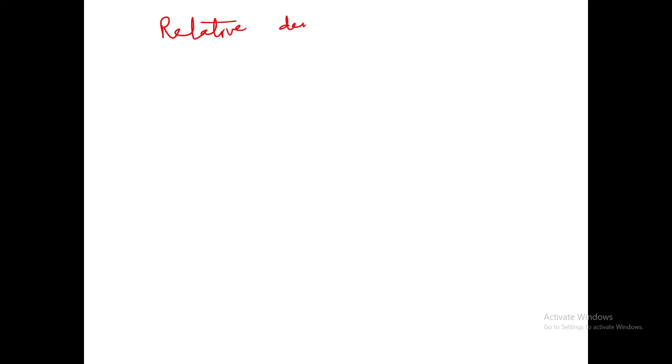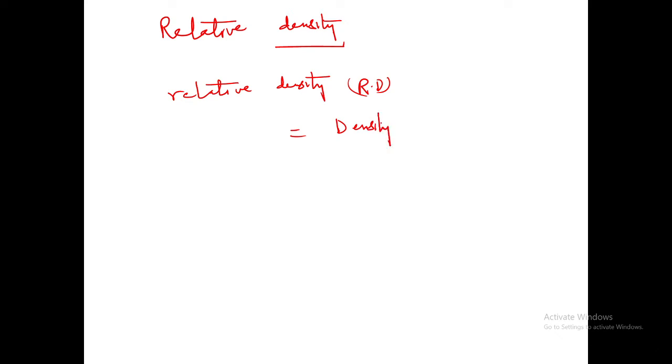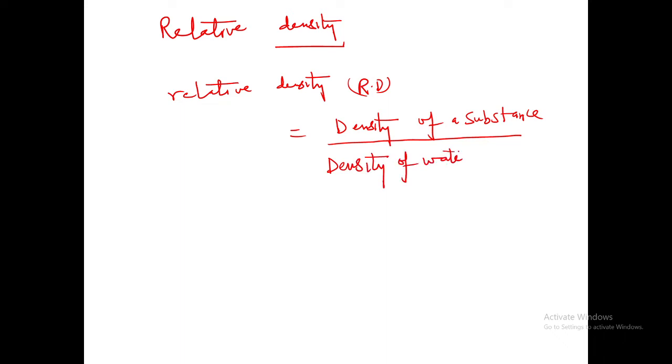Relative density of a substance is defined as the ratio of the density of the substance to the density of water at 4 degrees C. So relative density, RD, is equal to the density of a substance divided by the density of water at 4 degrees C. This is an important thing.